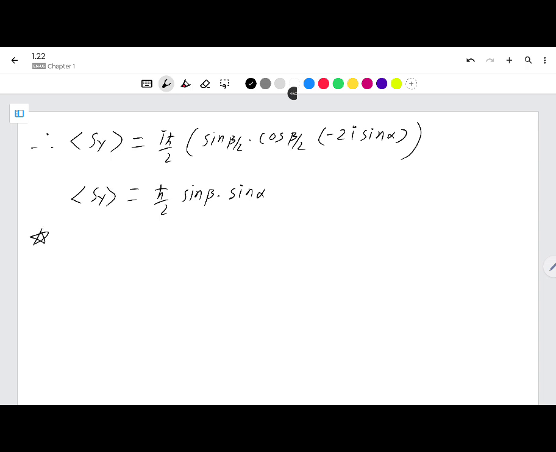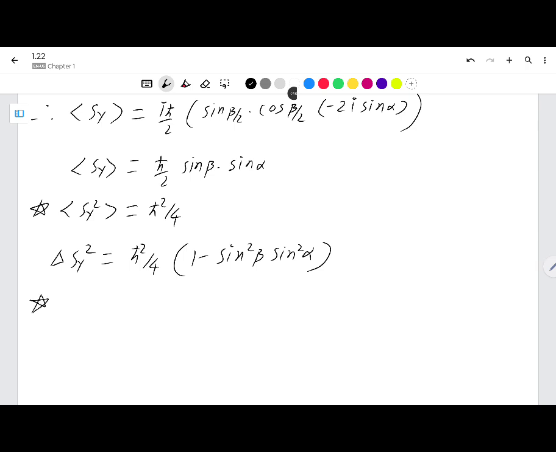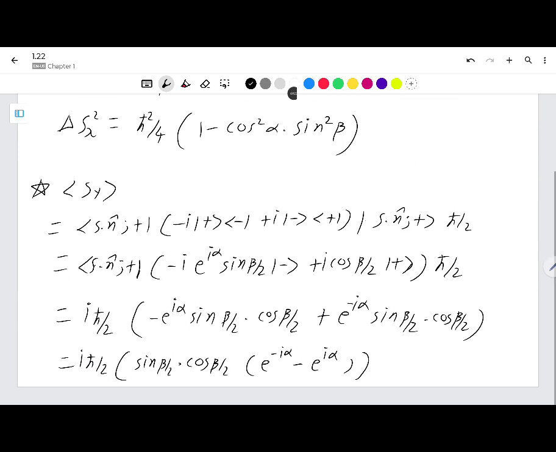You know that the expectation of Sy squared will be again h bar squared by 4. Delta Sy squared is h bar squared by 4 times 1 minus this component squared. Okay, so when I multiply these terms, I get h bar power 4 by 16 minus, so what did we have, cos square alpha sin square beta.